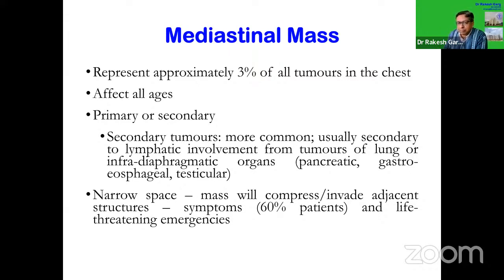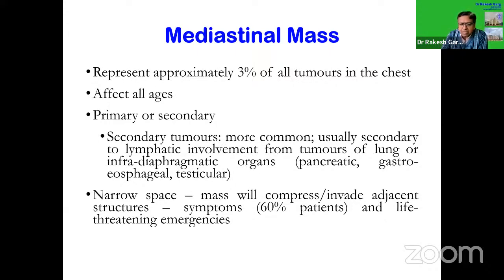Though the type of masses and lesions, benign or malignant, would be different with regard to age, they can involve all age groups: pediatrics, young adults, and the elderly. Hence, the assessment and evaluation would primarily also be based on the demography of these patients.